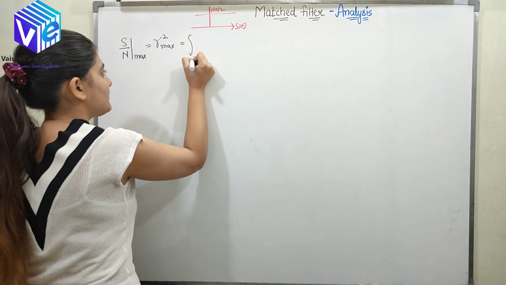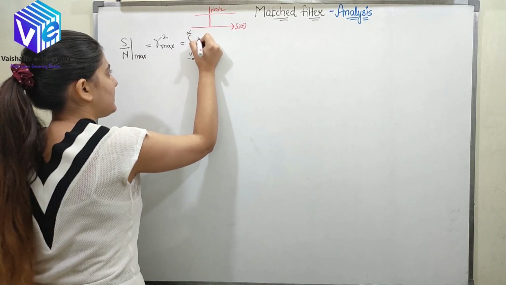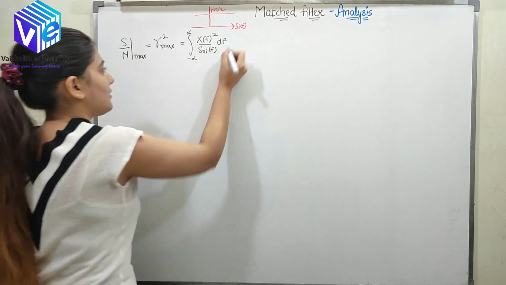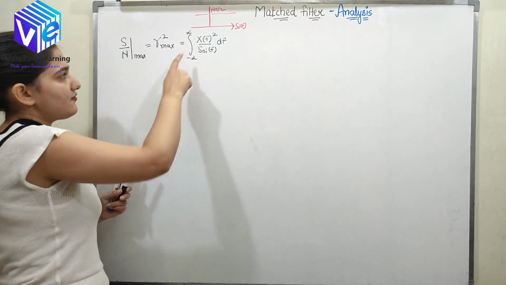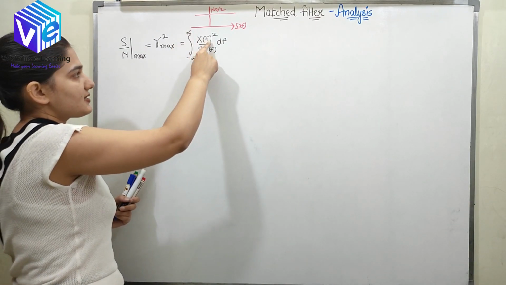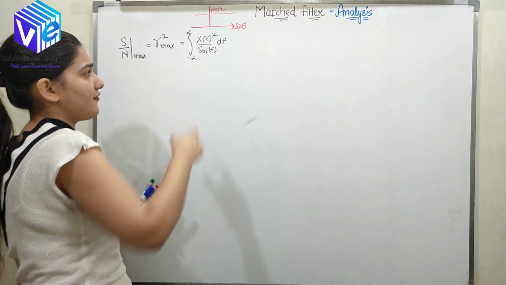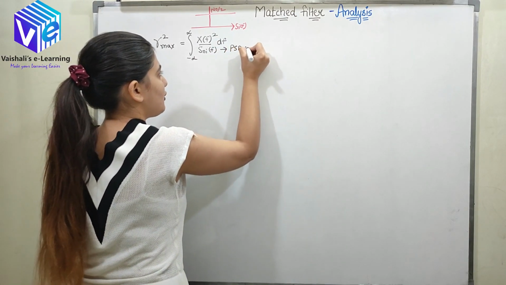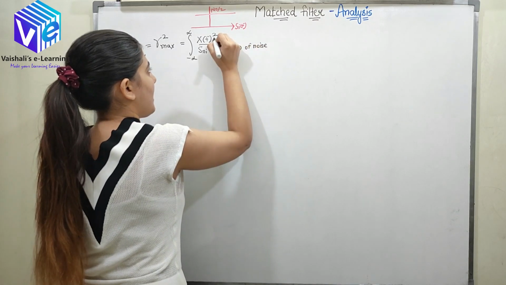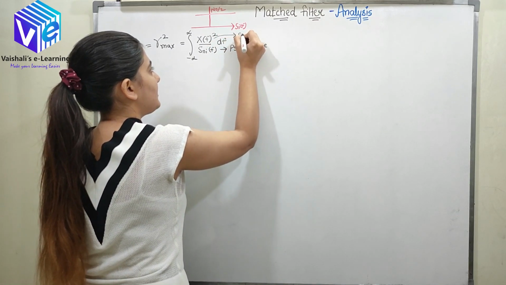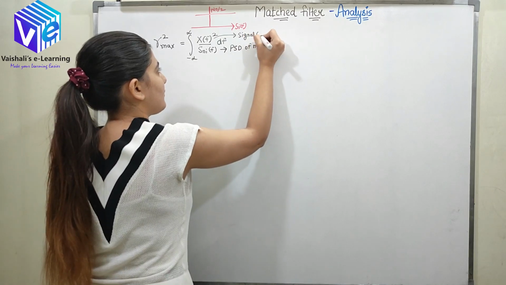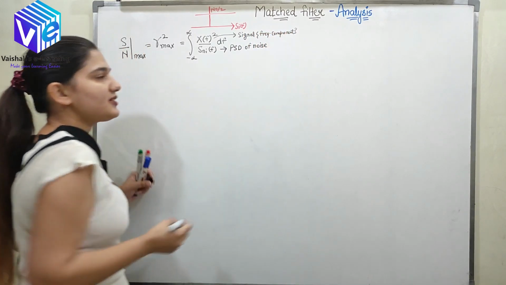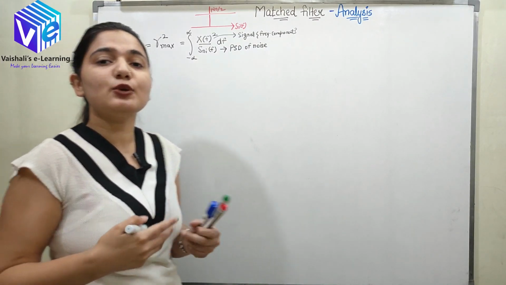Its value was minus infinity to infinity integration of |X(f)| square upon S_n(f) df. Here S_n(f) is the power spectral density of noise and X(f) is the representation of the signal in the frequency domain.